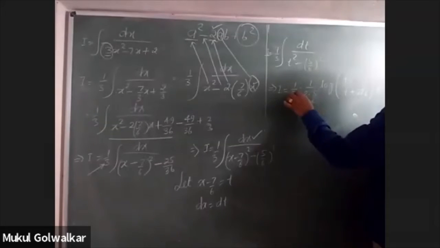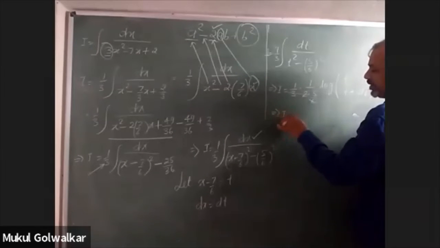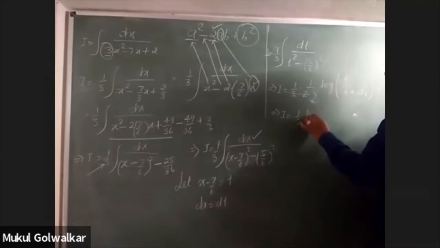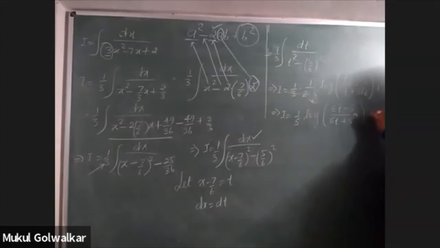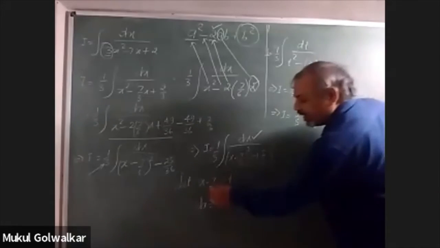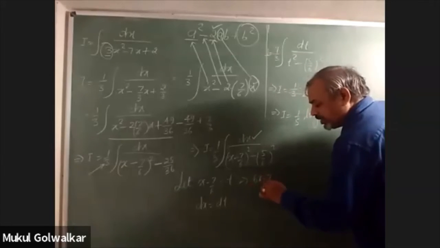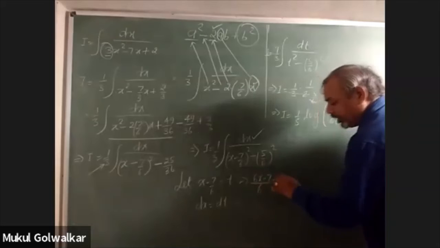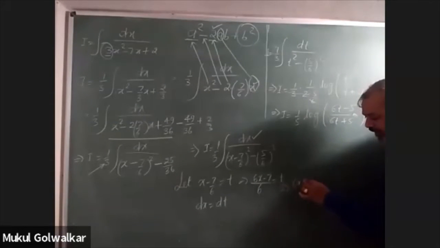Okay, so the 3 2s are 6, 6 and 6 will get cancelled. We get I is equal to 1 upon 5 times log of t minus 5 upon 6 divided by t plus 5 upon 6 plus a constant of integration. If you take LCM over here, this will imply 6x minus 7 whole upon 6 is equal to t. If you cross multiply, you will be able to write 6x minus 7 is equal to 6 into t.